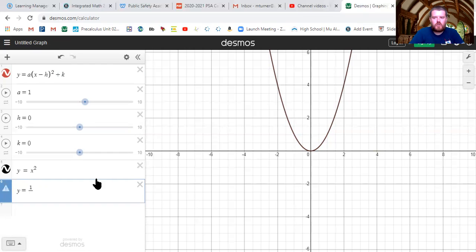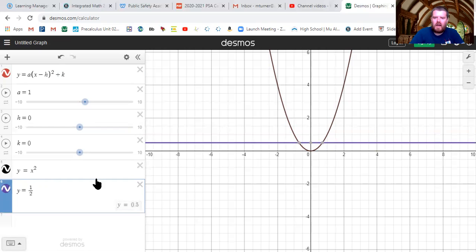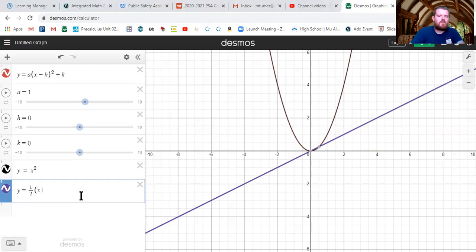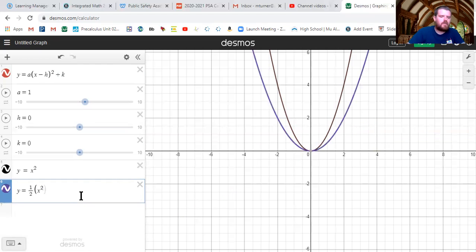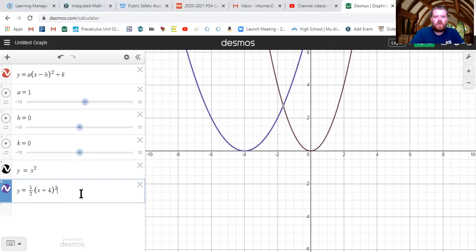So instead of 2, it would be 1/2. And then what did I say? Left 4. If I want to move it left 4, then it's going to be plus 4 here. And then down 4.